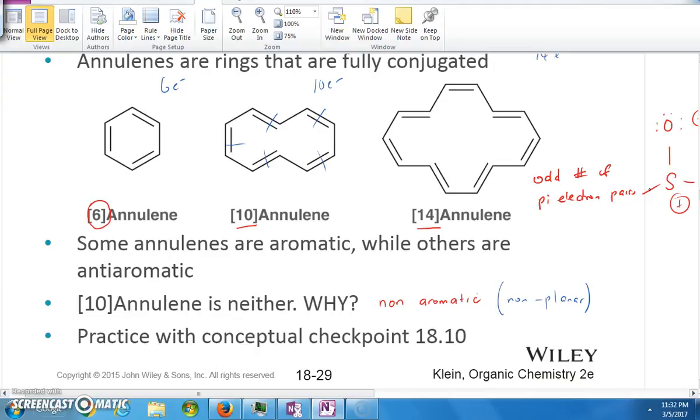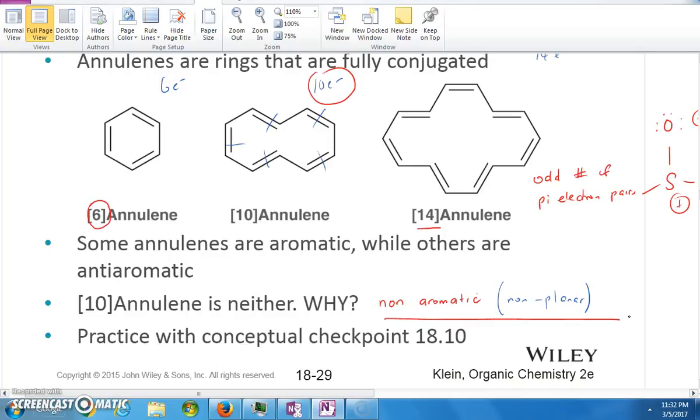Now, some annulenes are aromatic while others are anti-aromatic, and some are neither. This one is not aromatic, even though it has 10 electrons, because it's not planar. Because it's non-planar, it is considered to be non-aromatic.